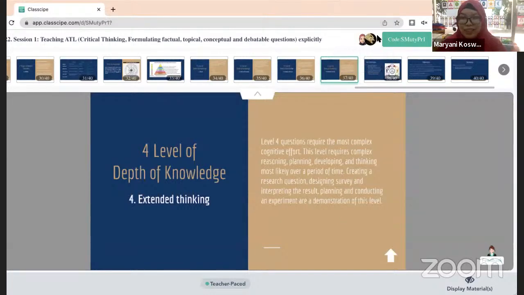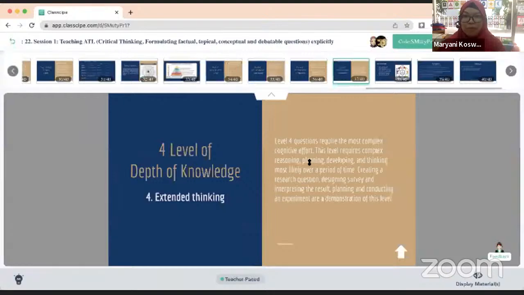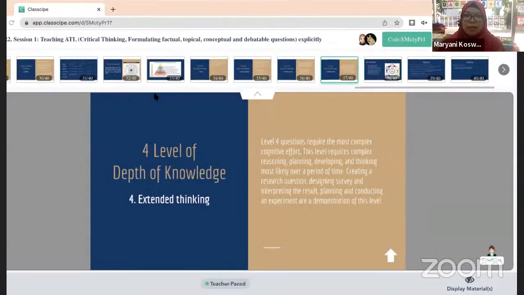As an EE coordinator, this is very applicable and relatable because at this level, they need to design, they need to do some experiments, they need to do some extended research to formulate their question. In designing a research question for the extended essay, this extended thinking level is very necessary.